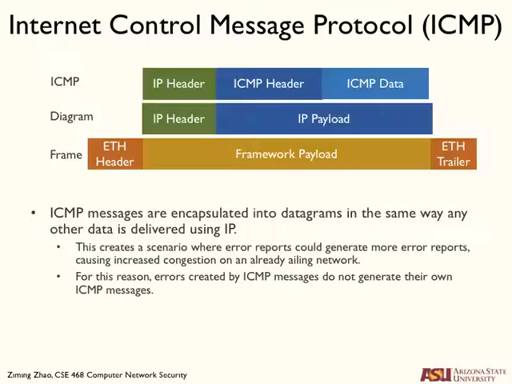To stop this, in the protocol, any error created by ICMP will not generate its own ICMP message. Which means if your ICMP message is lost, then there is no way for us to know that. If an IP message is lost, we may know that from an ICMP message, but if an ICMP message is lost, there is no way for us to know that.